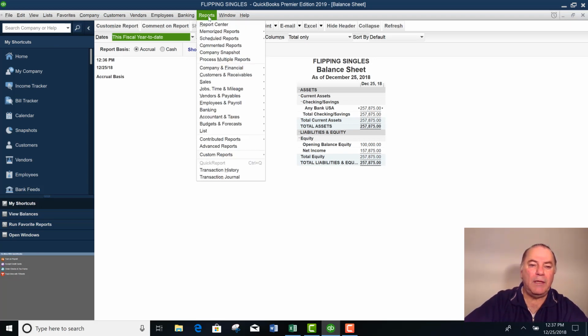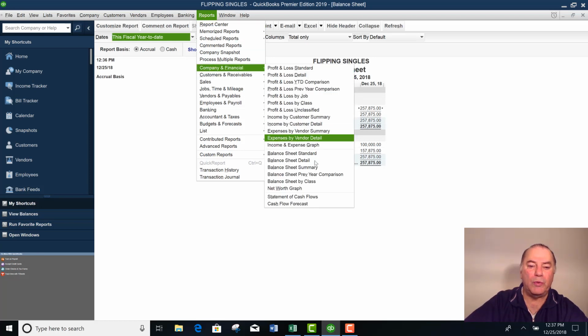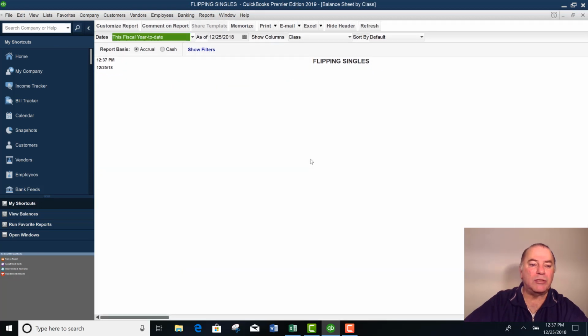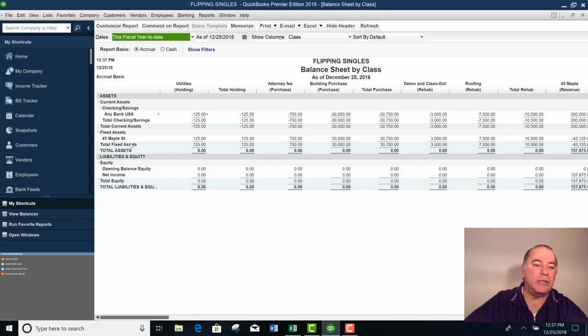So here we've got the general balance sheet. Now I'm going to go in and show you balance sheet by class. All right, so now you can see on the balance sheet, if you look here, 45 Maple, we can go all the way across: utilities, which is under holding, total holding, attorney fees for purchase, building purchase, $30,000 total purchase, demolition and clean out, $3,000, roofing, $7,500, total rehab.